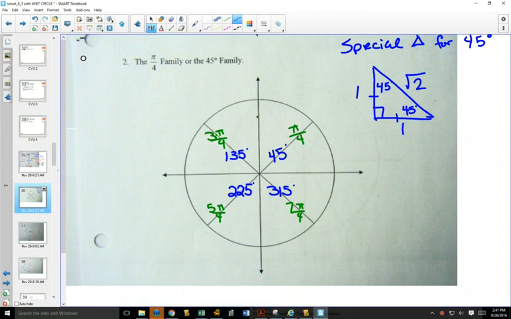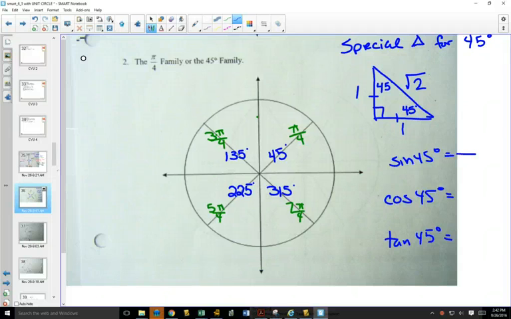And now that we've labeled this, and we've done this all without a calculator, we can say I know what sine of 45 degrees, what cos of 45 degrees, and what tan of 45 degrees are by just looking at this triangle. What is sine of 45 degrees? Opposite over hypotenuse. 1 over root 2.